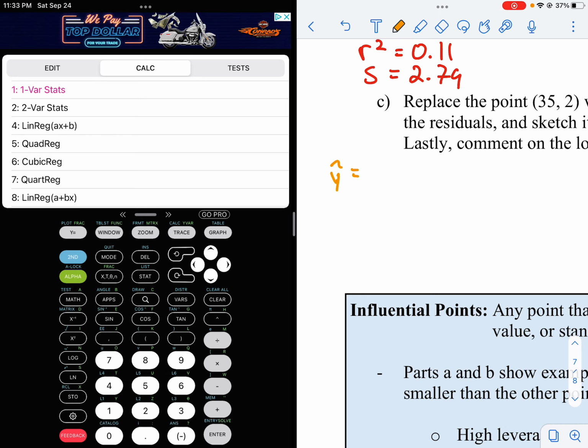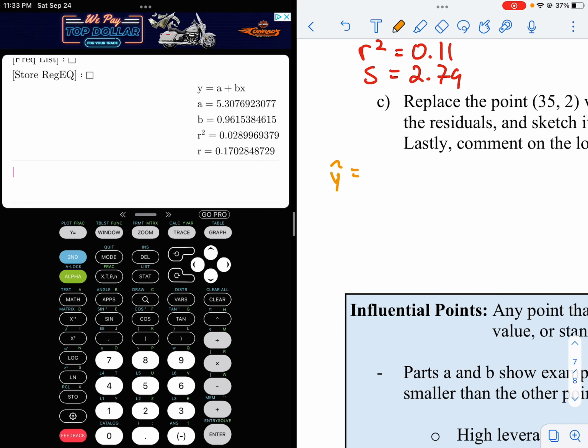Stat calc option 8, linear regression, 5.31 plus 0.96x with a correlation of 0.17 and r squared of 0.03.